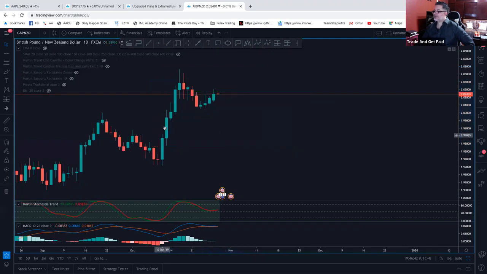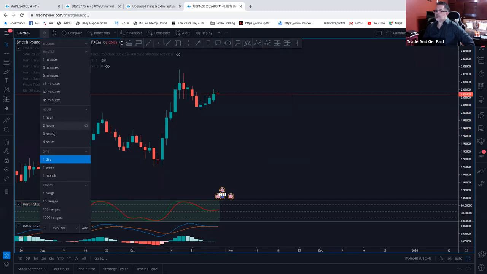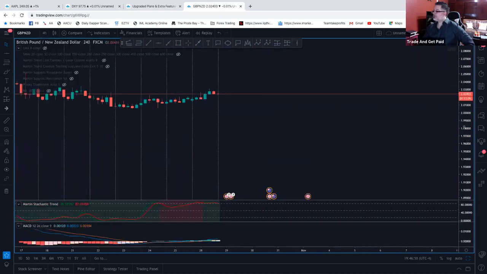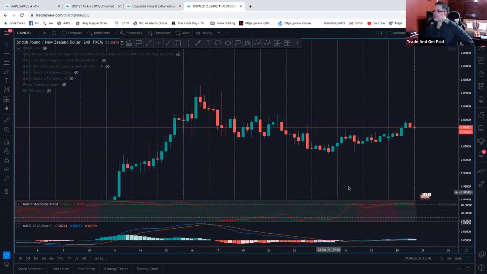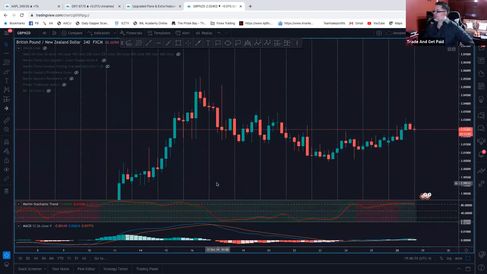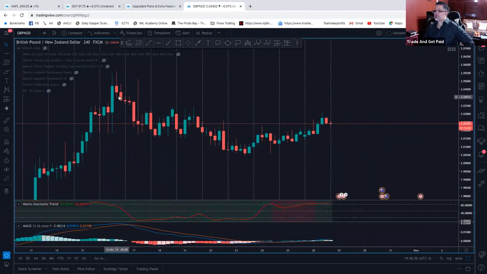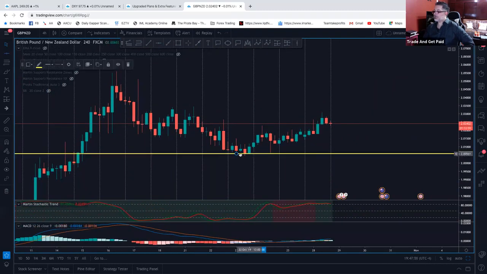Now that I know this, I am looking either for a rejection here or a breakout. So I go down to the 4-hour, and from here I can already start marking up my chart because I have enough action going on to start marking structure.